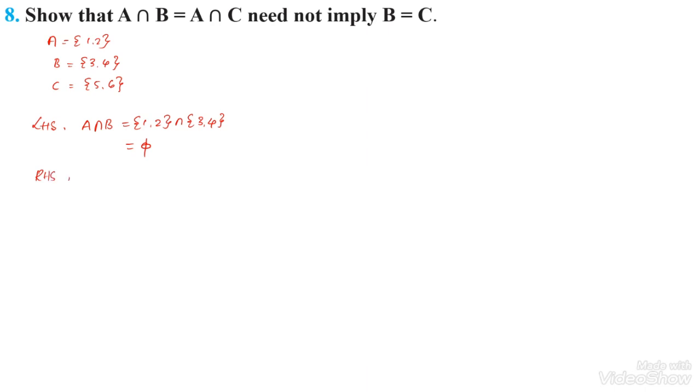Again RHS, A intersection C. A contains the elements 1, 2 and C contains 5, 6. Then there are no common elements, null set. While observing the result, LHS is equal to RHS. But B does not equal C. Therefore, they need not be equal. Okay, this is the proof of the given problem.